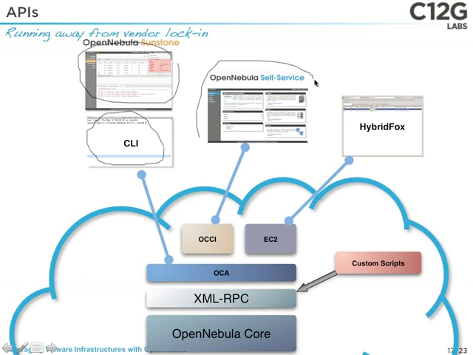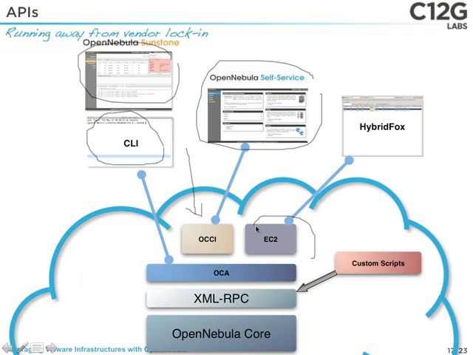There's also the self-service interface for external cloud users, which is based on the OCCI standard. So also any OCCI compliant tool will be able to make use of your OpenNebula cloud.